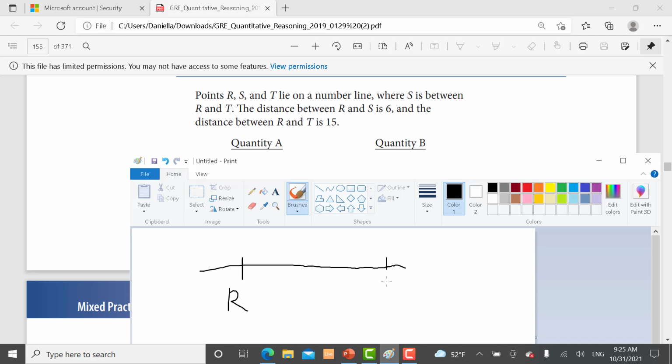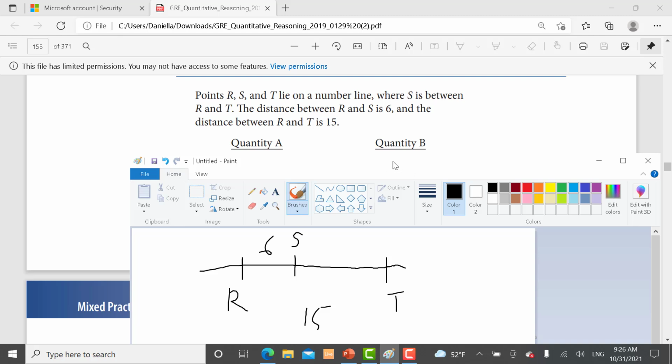This is R and this is T. Then S should be somewhere between them, but the condition is that the distance between R and S is 6 and the distance between R and T is 15. So the whole length here is 15. Now R to S is 6, so it should be like this. This is S and this is 6.